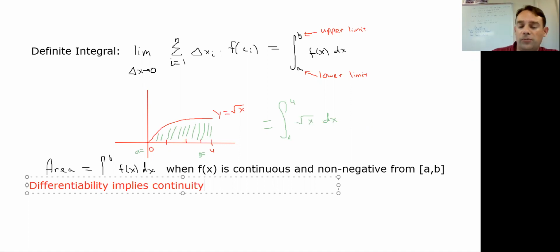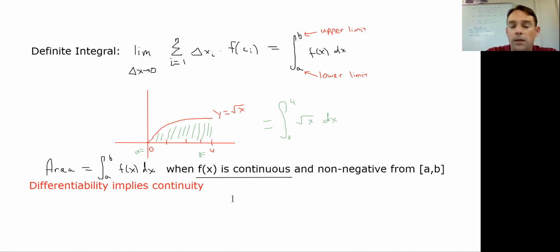So if I told you that a function was differentiable, you'd come back and say, oh, if it's differentiable, that means it is continuous. Well, when we take the derivative of a function, it goes down a level. If we integrate a function, it goes up a level. So essentially, the function is the derivative of the integral.